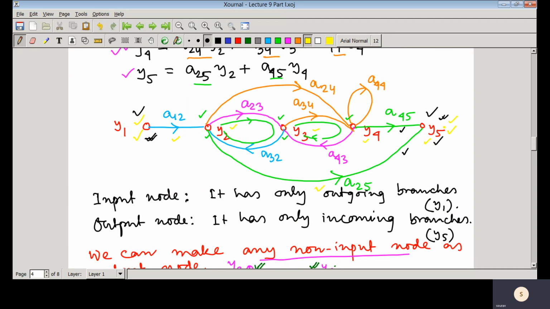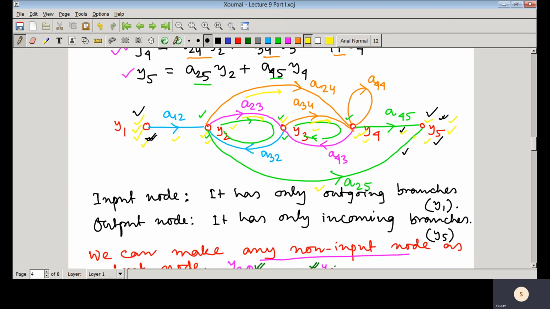Another forward path is y1, y2, then y4 and y5. Another forward path is y1, y2, then y3, then again y4, and y5.